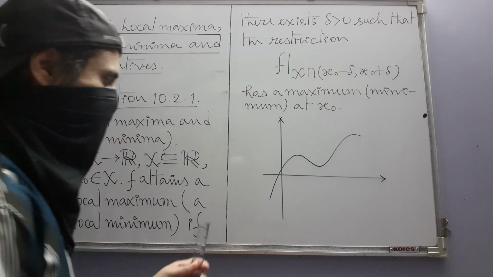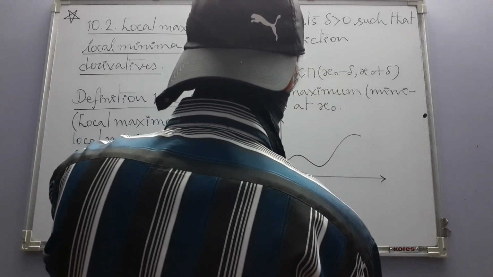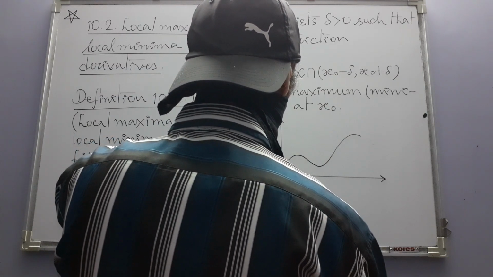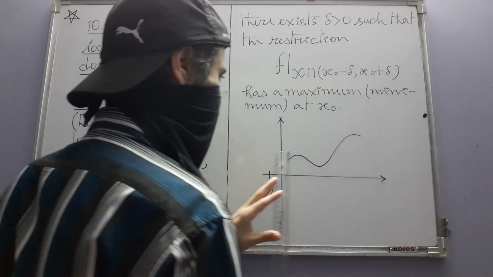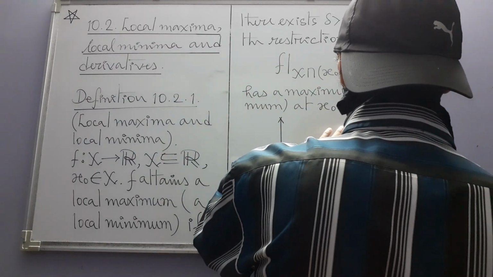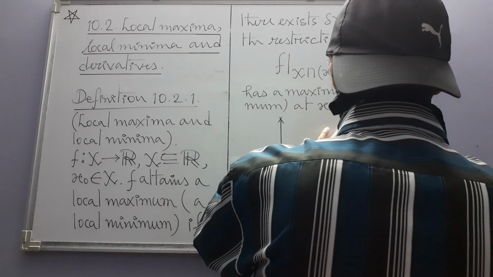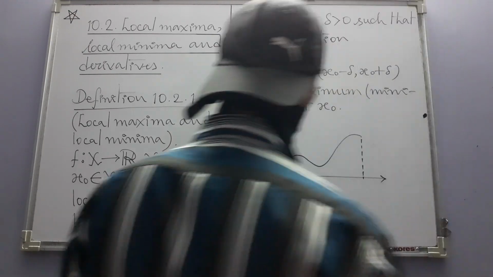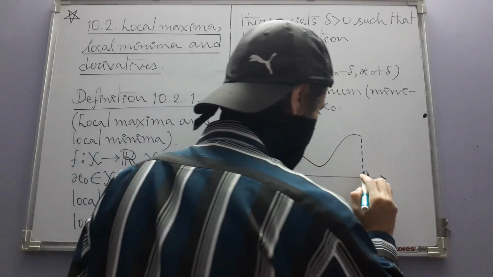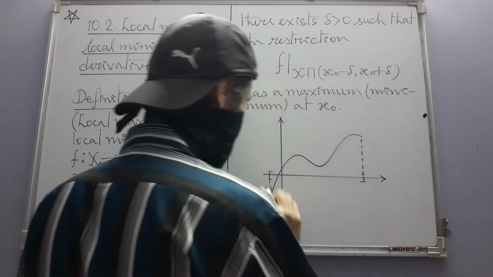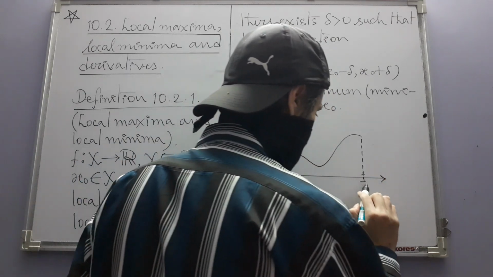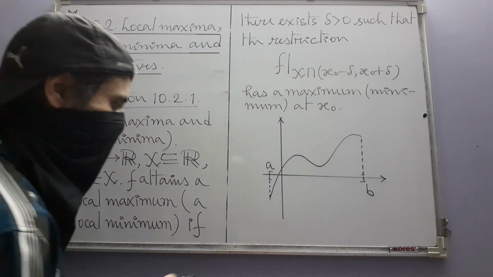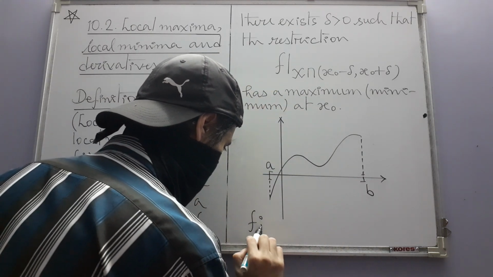Okay, and just for the sake of definiteness, let us assume that the function is defined not on the entire real line, but on this closed interval. So this point is A and this point is B. So the function actually is a function of this type.